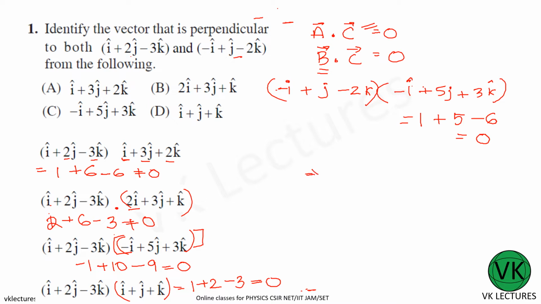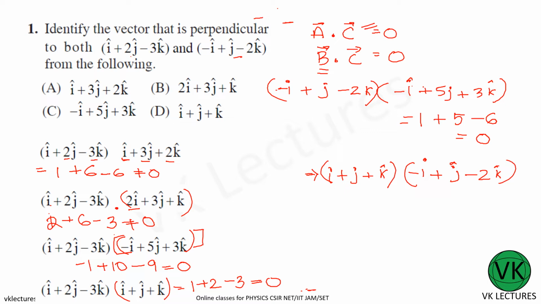And just for confirmation, let us check with the last option, that is i plus j plus k. We will use this vector C, i plus j plus k, dot product with the vector B. What is vector B? Minus i plus j minus 2k.